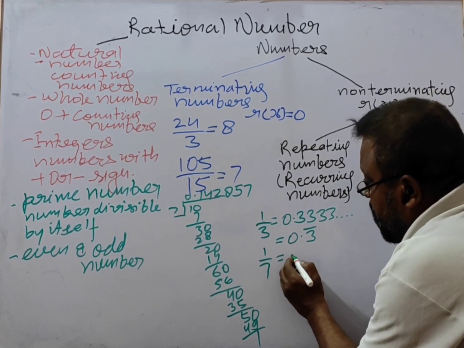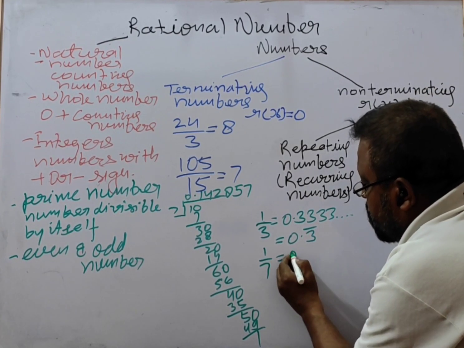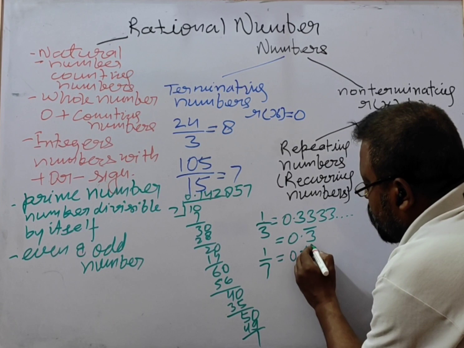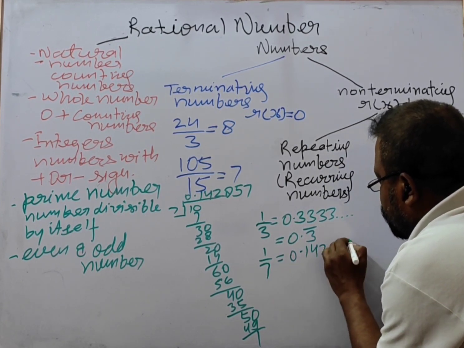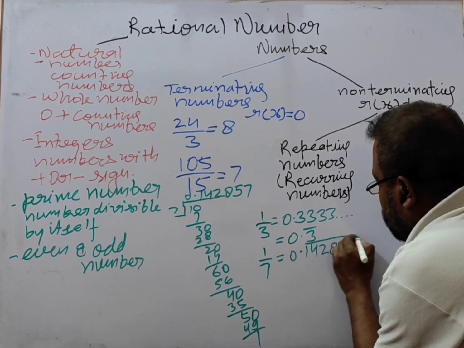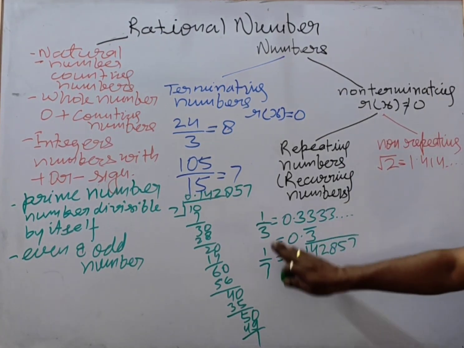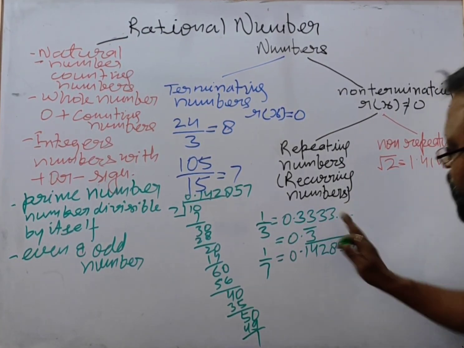So it will be 0.142857 bar. They keep on repeating, right?